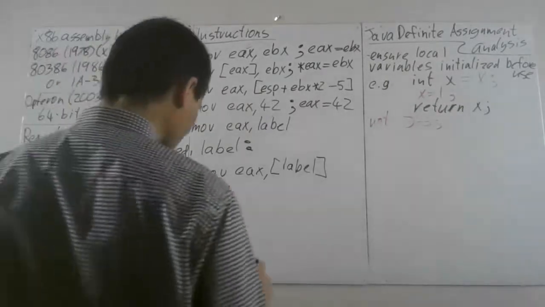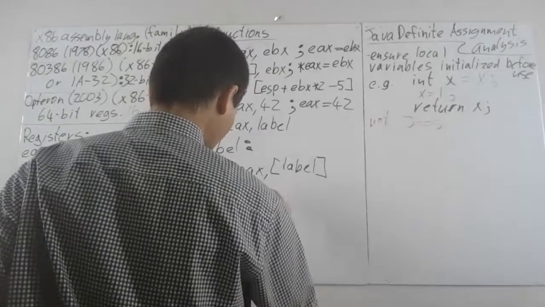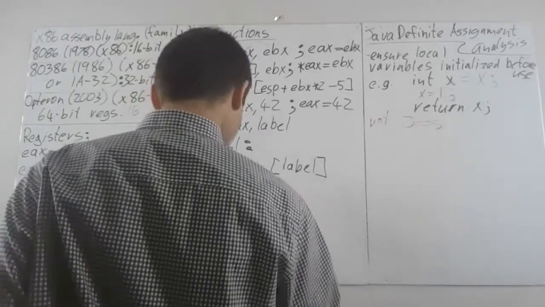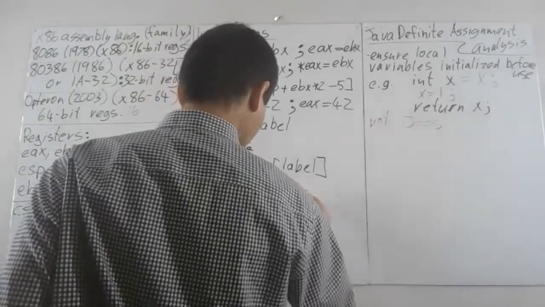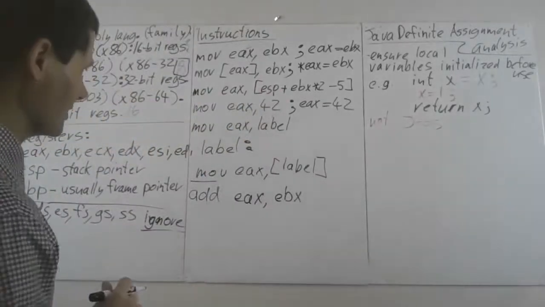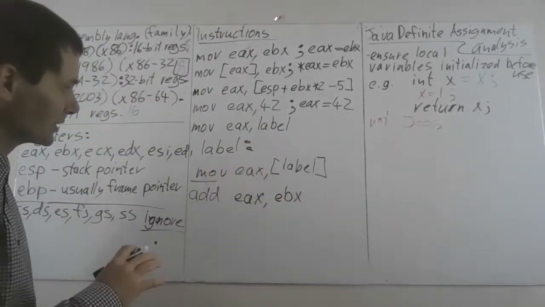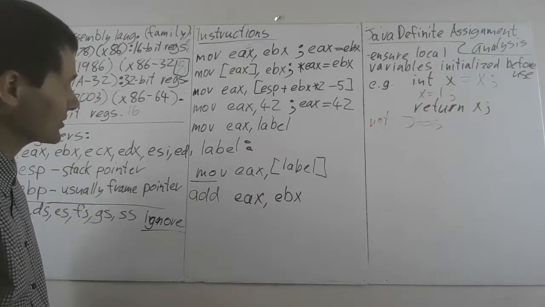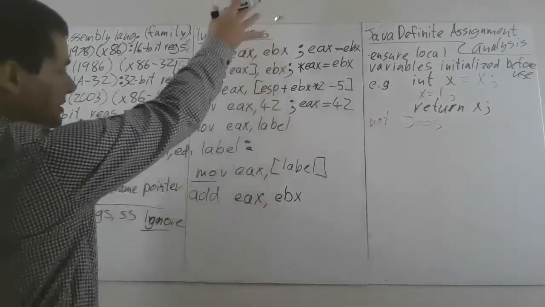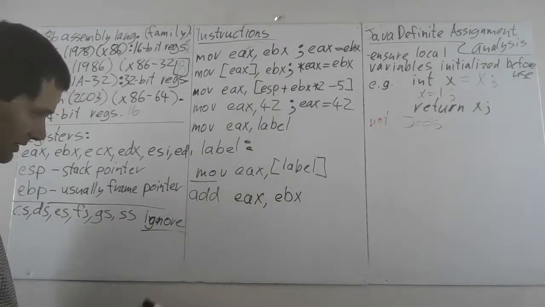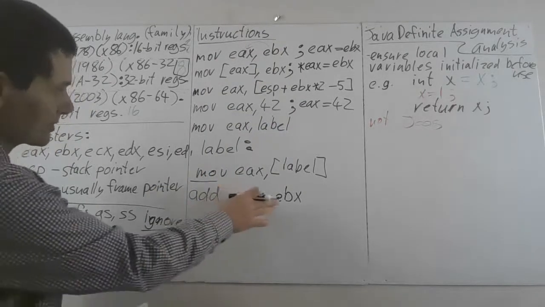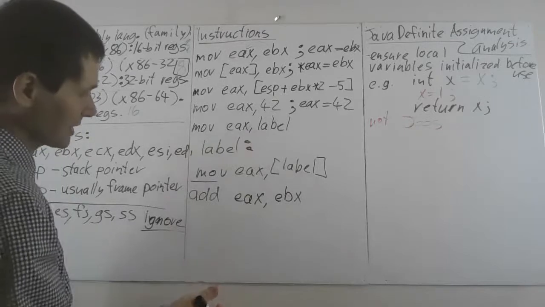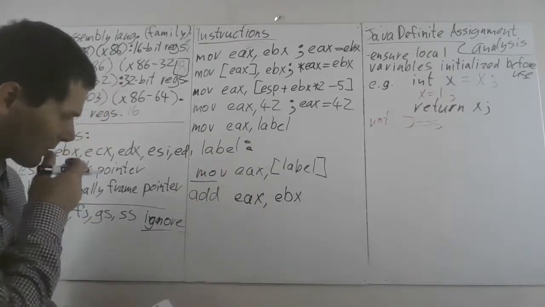An add instruction: you can add 2 registers, and there's some flexibility about add. You can also add constants and things like that. So much like move allows you to do all sorts of things, add does as well. But the basic form that you'll typically use is with registers.